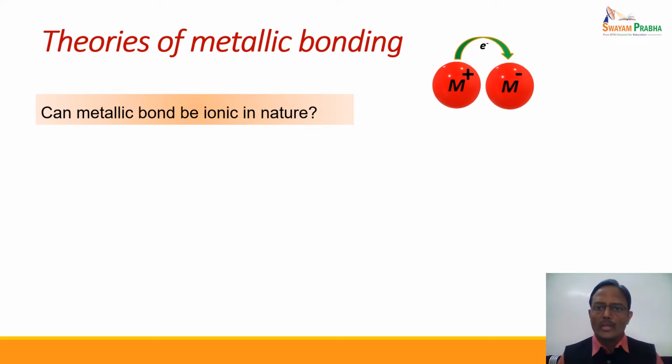Thereby, formation of one cation and one anion should take place. So, if one atom donates an electron to another atom, a cation is formed on one side, an anion is formed on the other side, and there is an electrostatic force of attraction between them, and that is called an ionic bond. Now, is such type of bonding possible in metals?